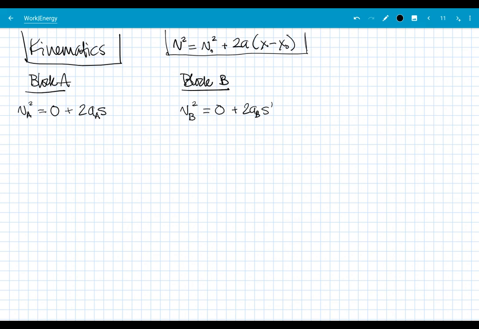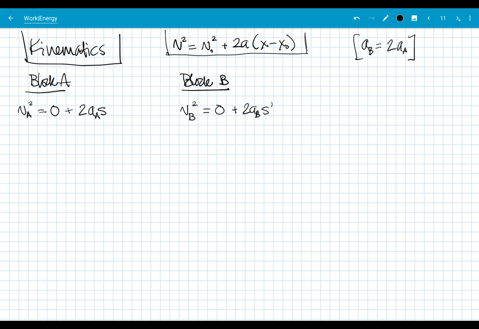And then I want to sub in the fact that, remember, we were also given in the problem statement that the acceleration of B is equal to 2 times the acceleration of A. I'll write this down. This was given to us in the problem statement, so I think of it as my first equation sometimes.